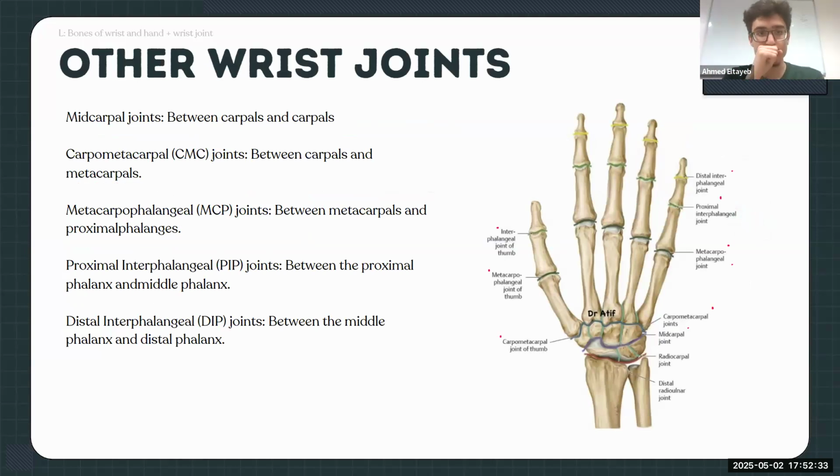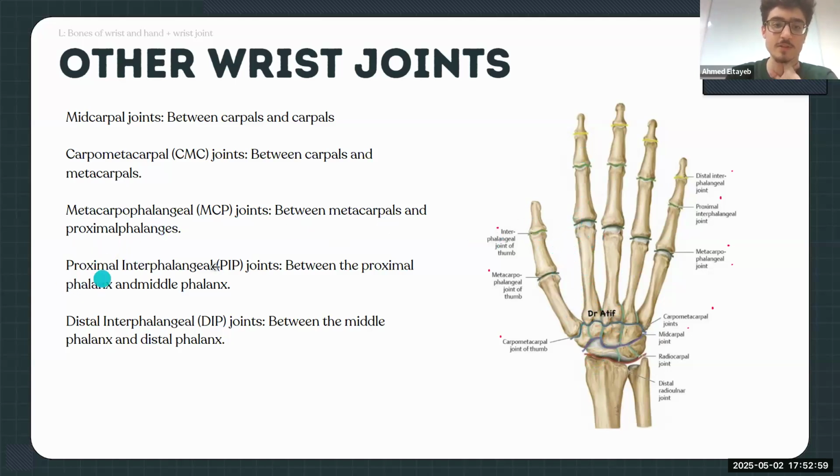Now we talked and discussed about the radiocarpal joint. But I also said we have so many other joints going in our hand. These are all of them. We have the midcarpal joint, which is between the carpals and carpals. Carpal metacarpal joint, which is between the carpal and metacarpal. We have the metacarpal phalangeal joints, which is between the metacarpal bones and the phalanges.